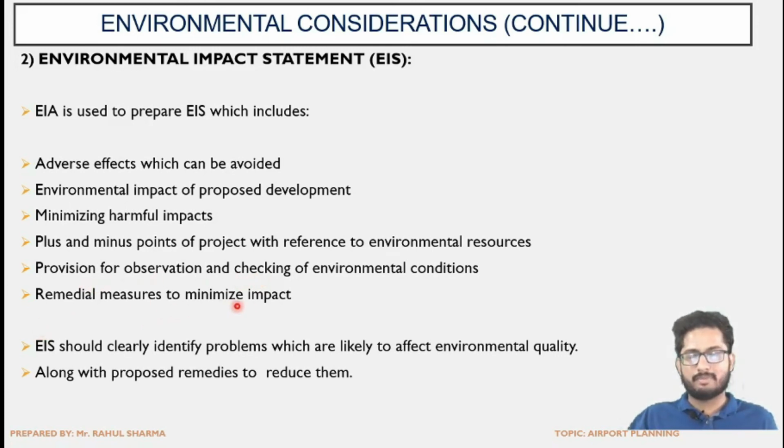Remedial measures to minimize the impact, as we have already seen. EIS should clearly identify problems which are likely to affect the environmental quality. So a mention should be made regarding what problems are likely to occur with reference to the environmental quality, along with the proposed remedy for the same.